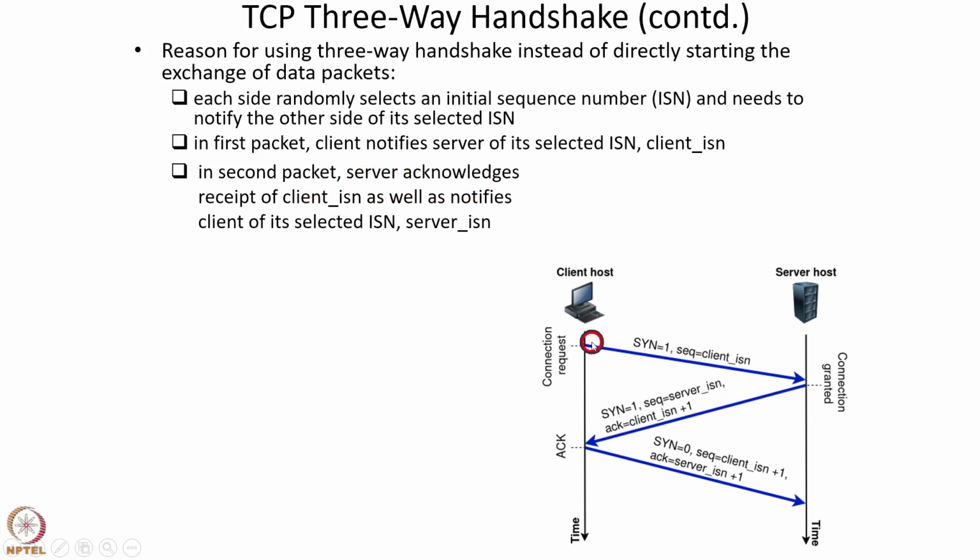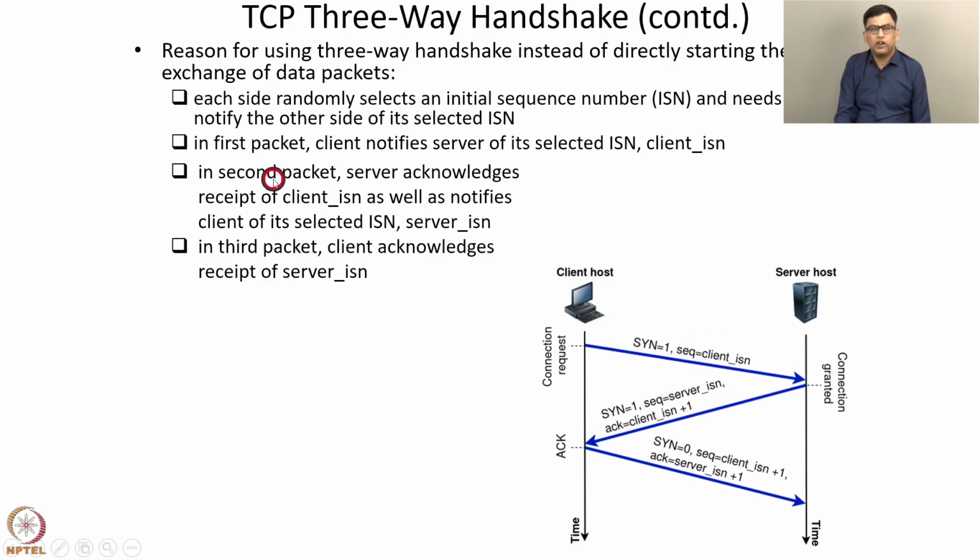So we can see that in this first packet, the client informs the server of its initial sequence number, namely client ISN. And in the second packet, the server informs the client of its initial sequence number, which is server ISN. So in the third packet, the client acknowledges the receipt of server ISN. That is done by setting the ACK field to server ISN plus 1.